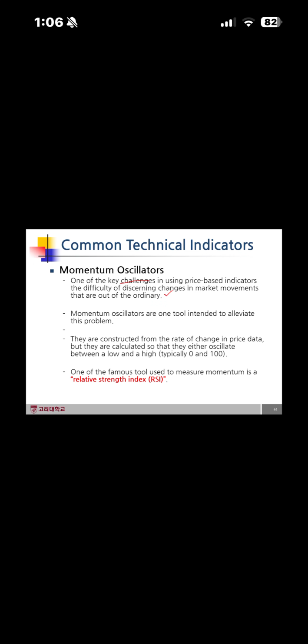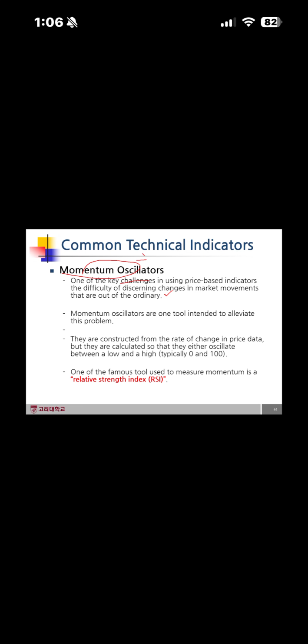To address this issue, technical analysts often use momentum oscillators. Momentum oscillators focus on the rate of change in prices rather than the price level itself.